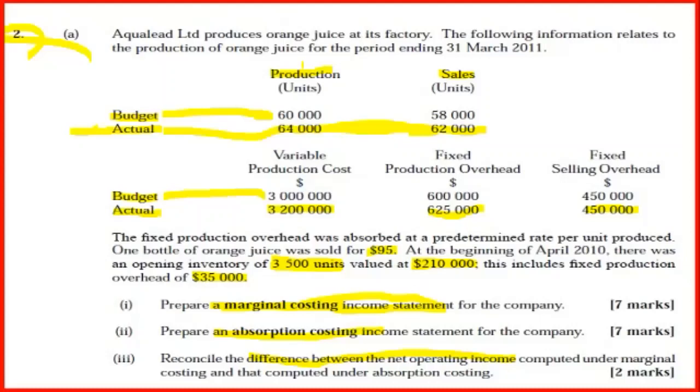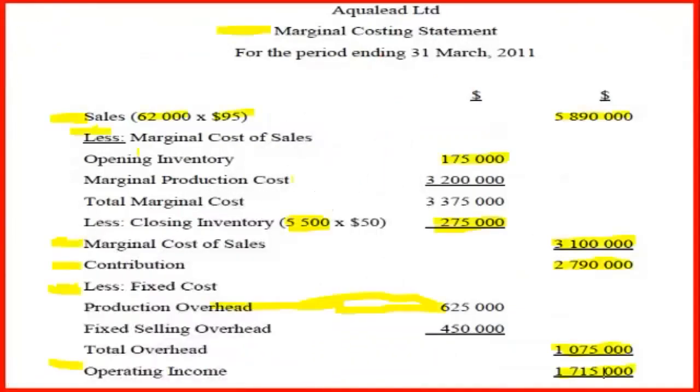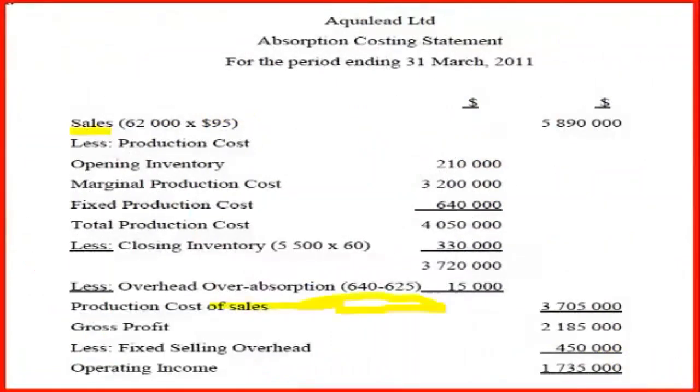Next, we look at the absorption costing statement, and again we're doing an actual. Income statement, we have the sales 62 by 95, it will remain the same. The production costs, the inventory, we have the full 210,000.